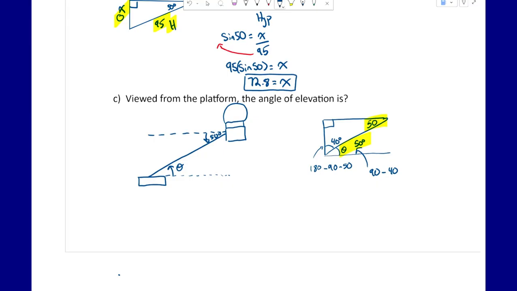The other thing that we could do, we could look at our diagram here and realize, well, I have a horizontal on the bottom, horizontal on the top. Two horizontal lines are going to be parallel. I can go back to grade 9 and use my Z pattern to determine that this angle in here should be 50 degrees. So different ways you could go about solving it.